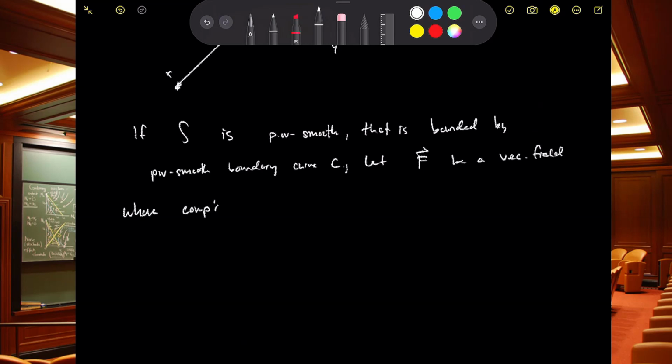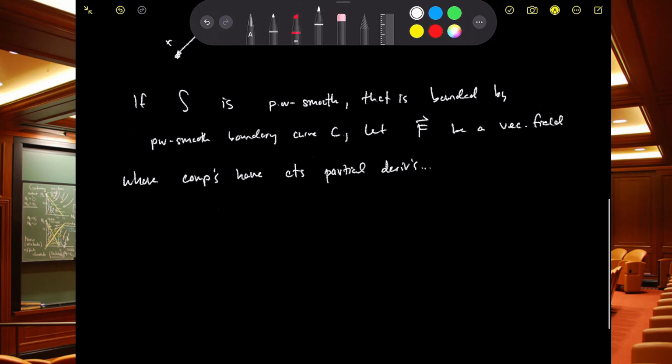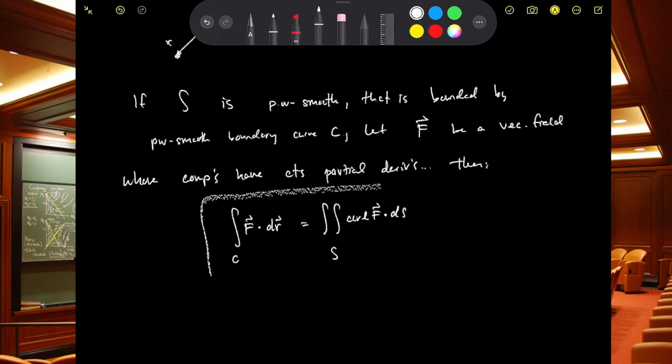Whose components have continuous partials in an open region that contains S. Then the statement says the line integral over the vector field of this curve is equal to the double integral over the surface of the curl of the vector field dS. Okay, so that's a statement of the theorem.